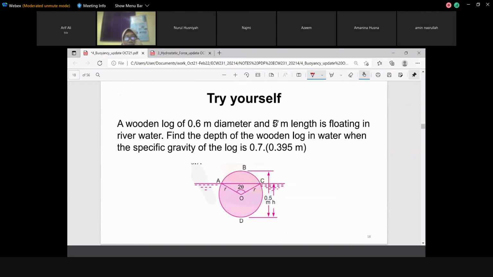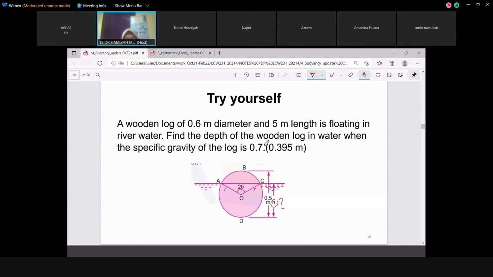Okay, this one is try yourself. You can try this one. So dia bagi full depth is 0.5. So we need to find the H, depth that submerged. And the specific gravity of the wooden.